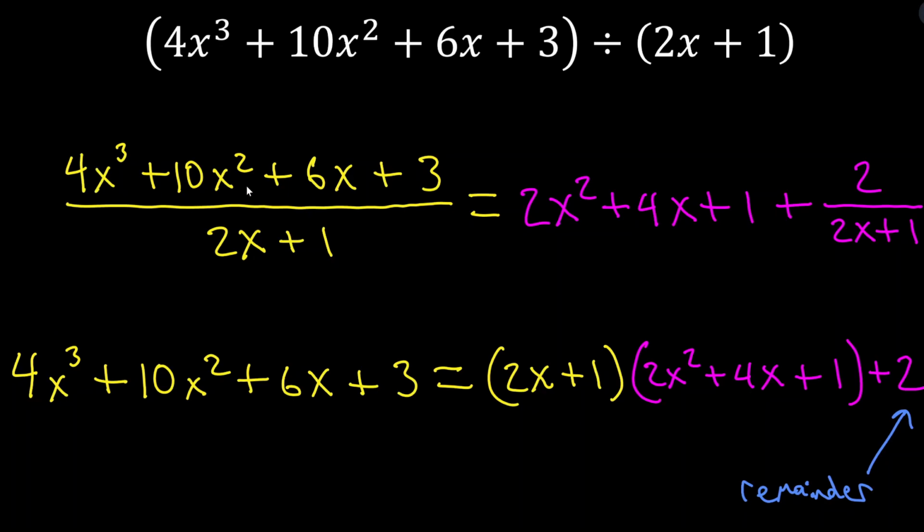What is 4x cubed plus 10x squared plus 6x plus 3 divided by 2x plus 1? And to get there, we need to divide both sides by 2x plus 1, or we could just think of it again as this form, remainder over divisor. All right, hopefully I didn't go off on too much of a tangent.